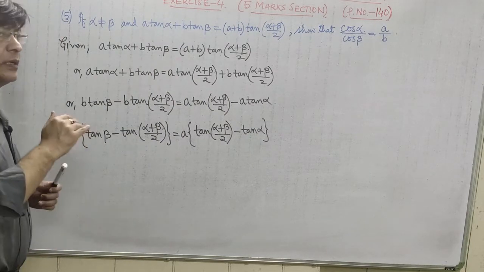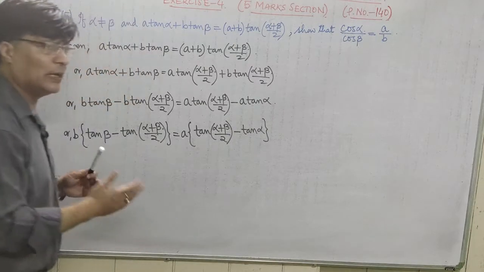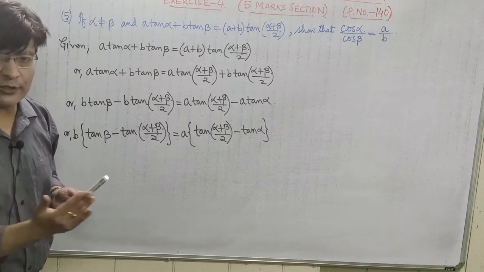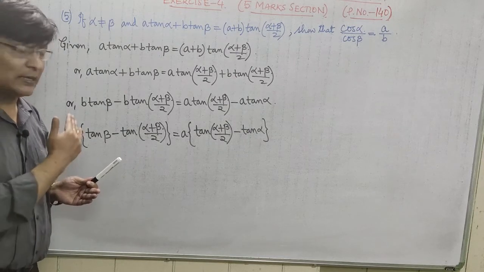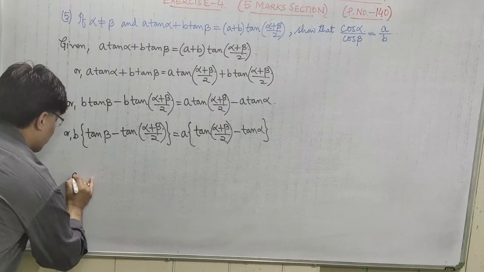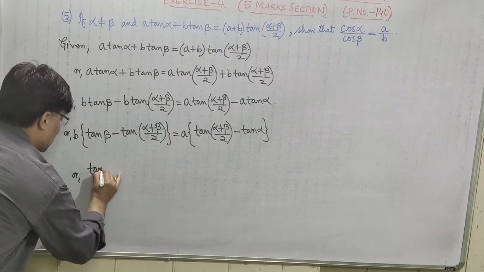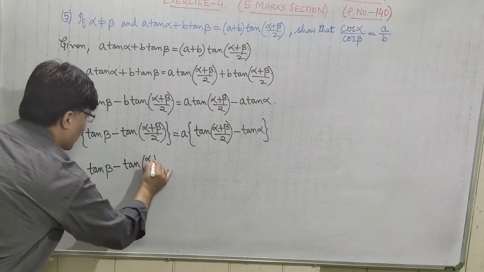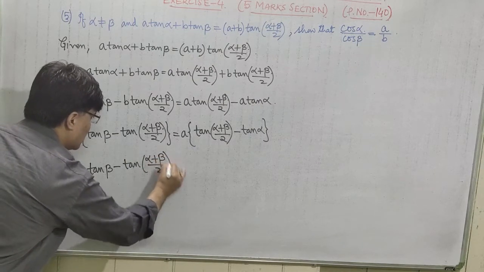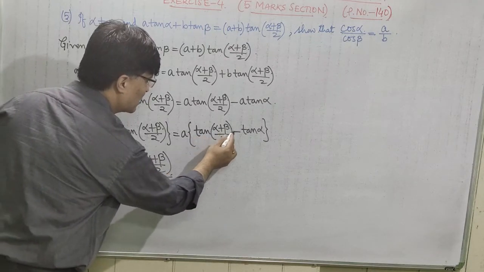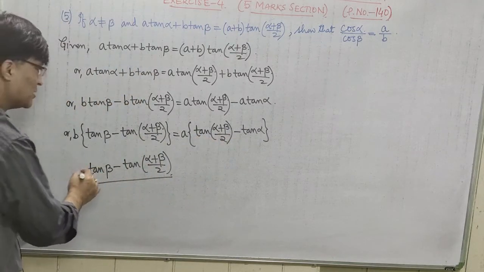So now let us write down the trigonometrical functions on the left hand side, and a and b on the right hand side. Okay, so now this is tan beta minus tan of alpha plus beta by 2, and now let us take this tan of alpha plus beta by 2 minus tan alpha to the left hand side.